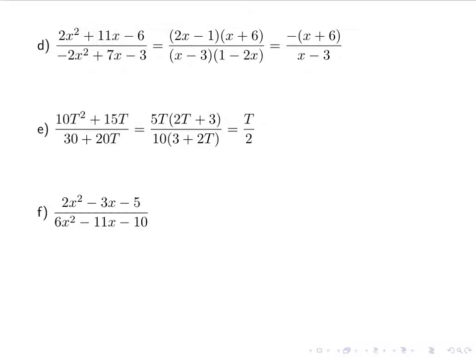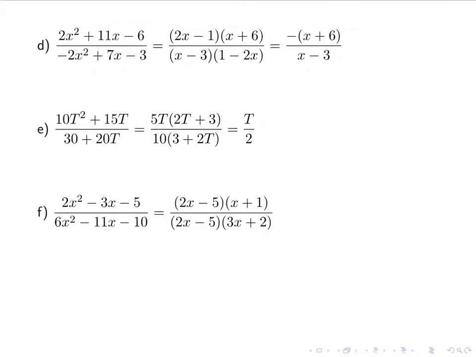The next one, we have 2x squared minus 3x minus 5 over 6x squared minus 11x minus 10. Again, you'll have to do the AC slash grouping method for these. There's no GCF, and our leading coefficients are not 1.